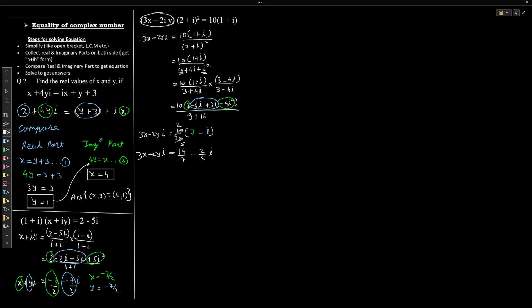Right? Compare imaginary parts. So we'll get minus 2y is equal to minus 2 by 5. Or we can say y must be 1 by 5. Now we are ready to compare real parts. So 3x is equal to 14 by 5. So x must be 14 by 15. Ta-da!